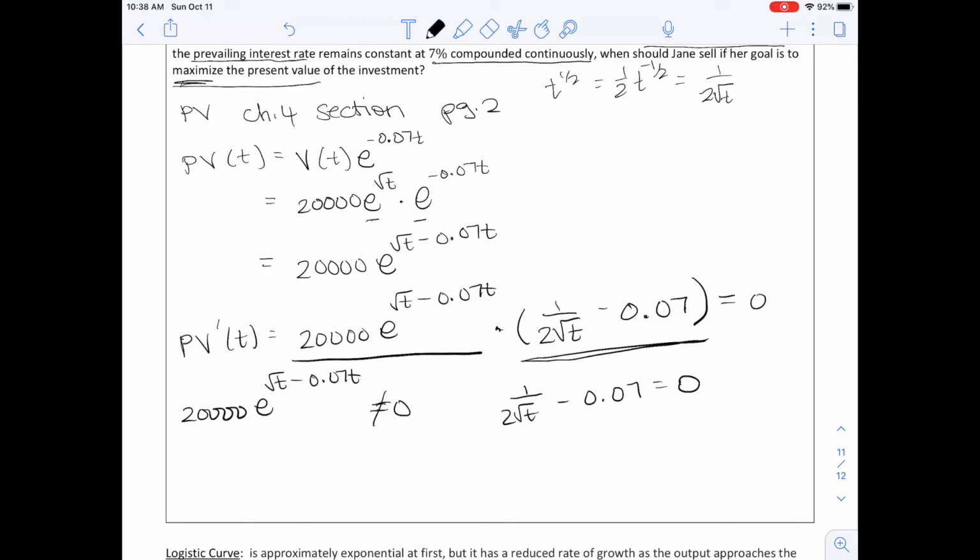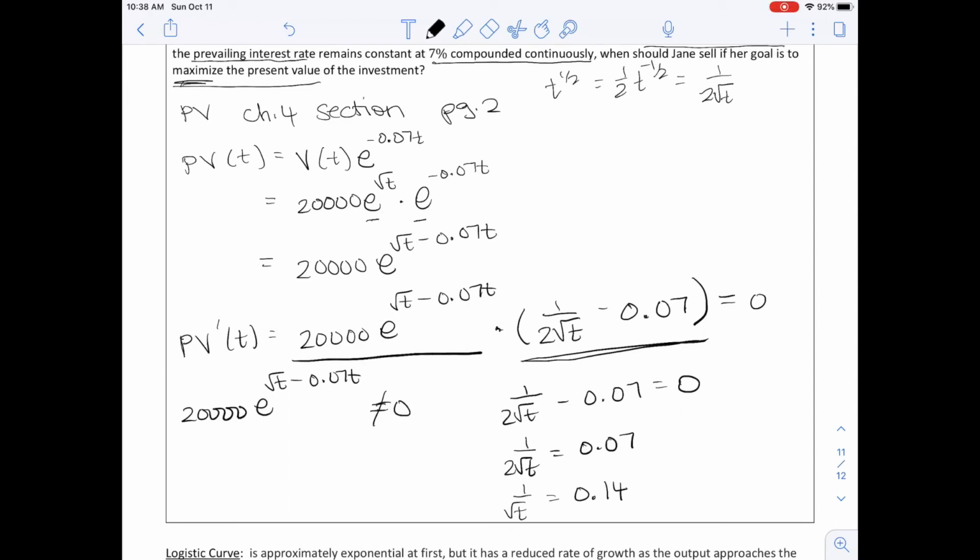Solving the second one, though, I am going to add 0.07 and then multiply by 2. And so we have 0.14.